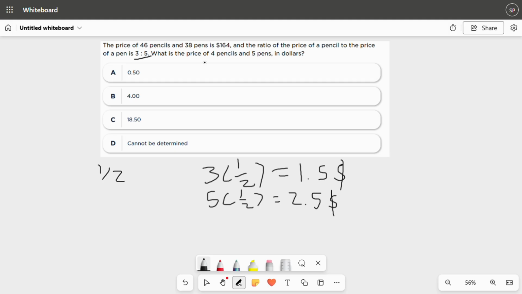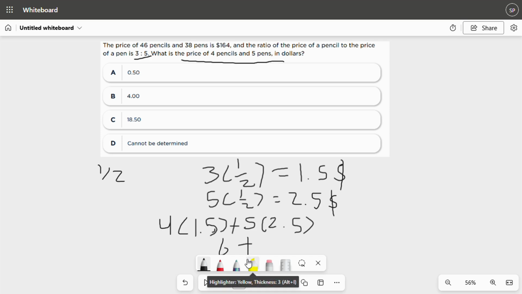So now we have to find the price of 4 pencils and 5 pens. So we can do substitution again. 1.5 times 4 is 6, and 2.5 times 5 is 12.5.